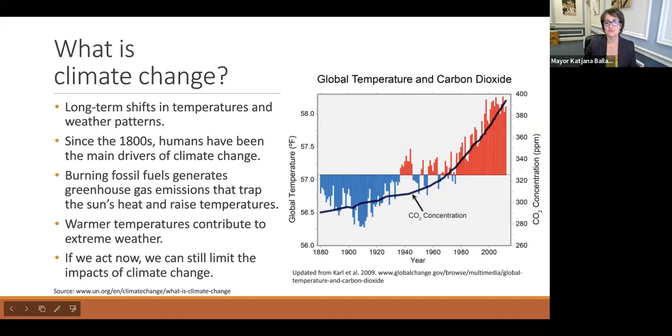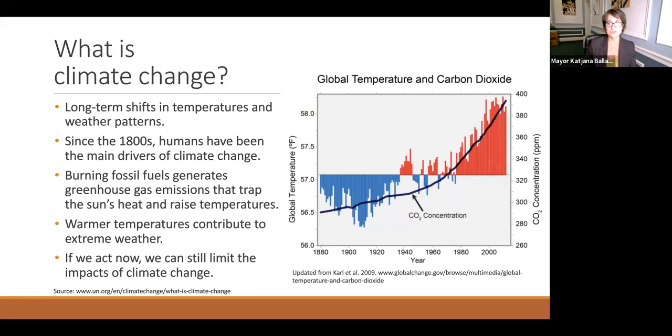Just to quickly give a background, climate change refers to long-term shifts in temperatures and weather patterns. Such shifts can be natural, due to events like large volcanic eruptions. But since the 1800s, human activities have been the main driver of climate change, primarily due to burning fossil fuels like coal, oil, and gas.